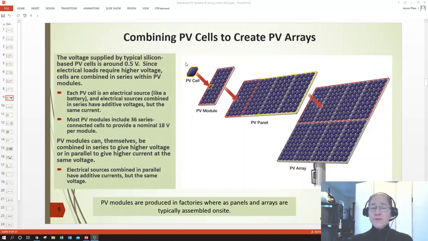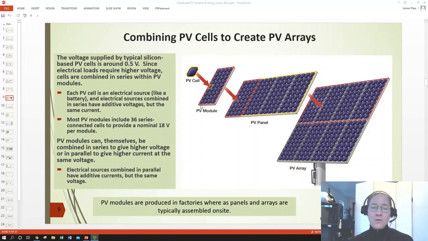So we put those cells in series because, as you remember from your electricity basics, if we put sources in series, their voltages will add. So a PV or photovoltaic module manufacturer, such as Silfab Solar, who's right down the road from Bellingham Tech here in Western Washington, takes solar cells and manufactures panels or modules.